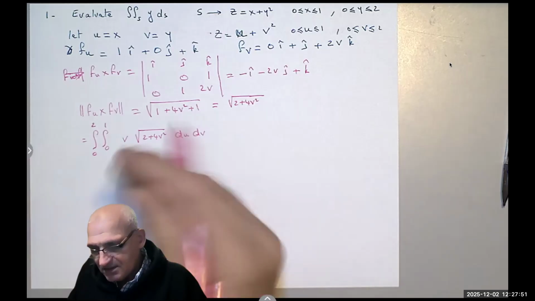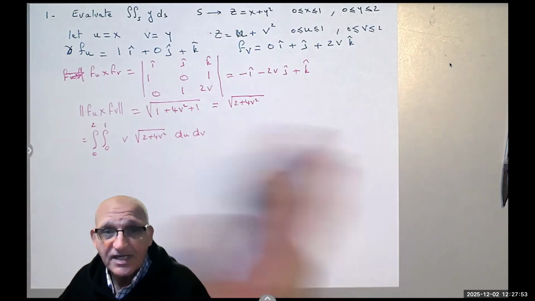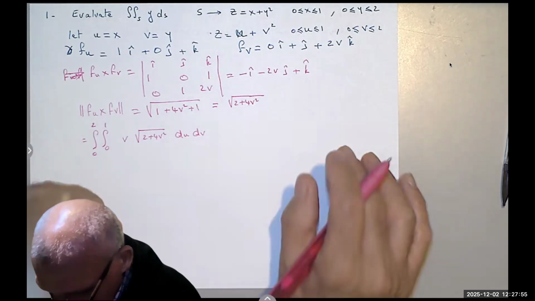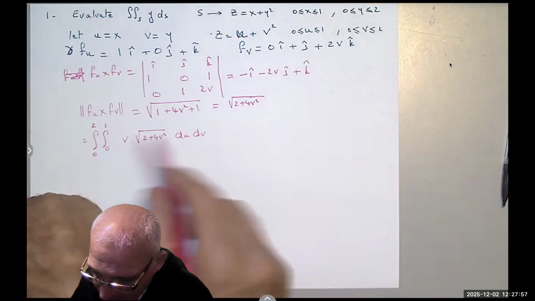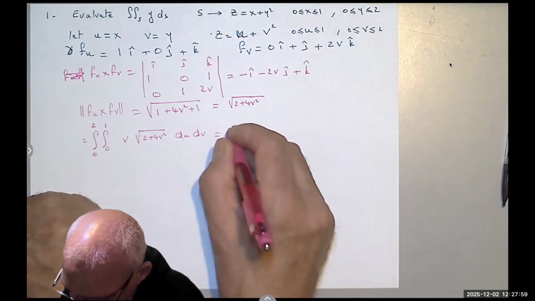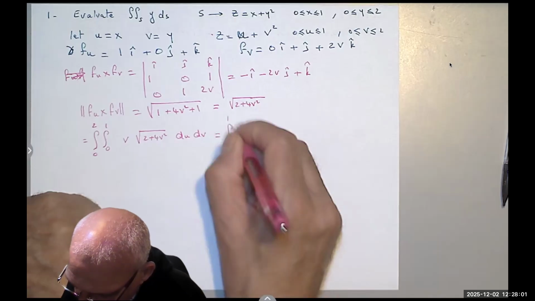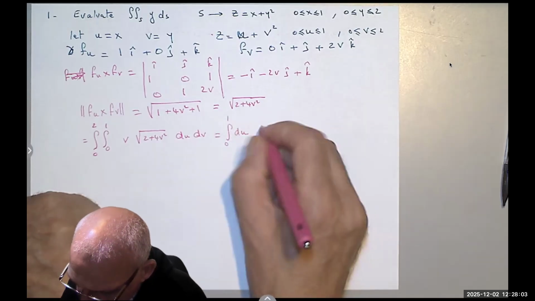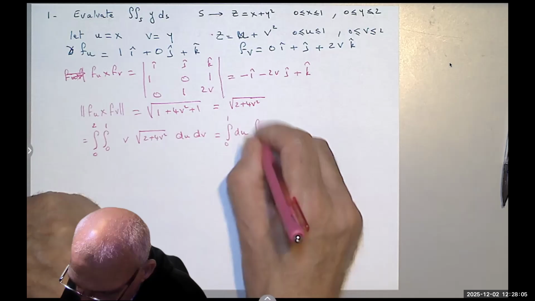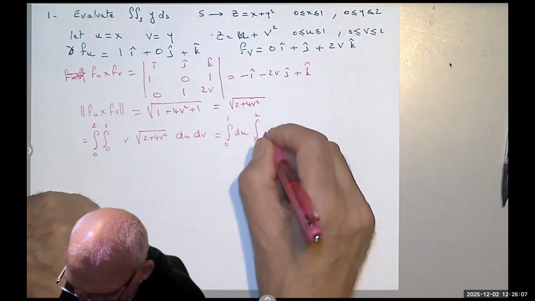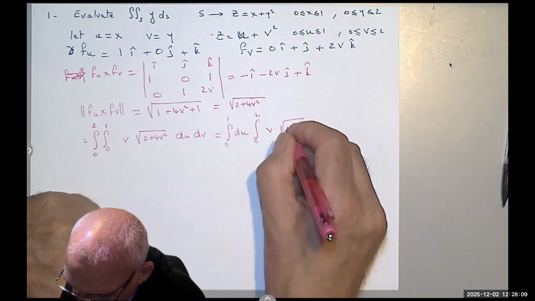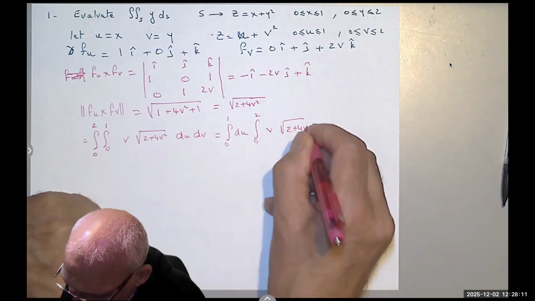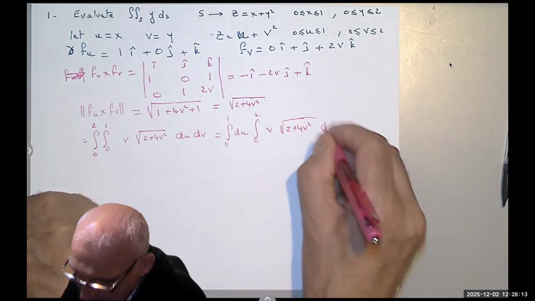Notice u and v are not related, so I can do the integral of du. So this is as if I have the integral from 0 to 1 of du times the integral from 0 to 2 of v times the square root of 2 plus 4v squared dv.